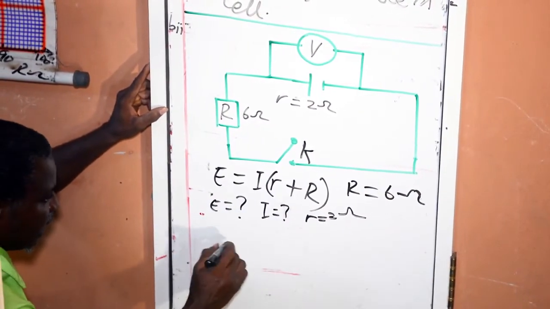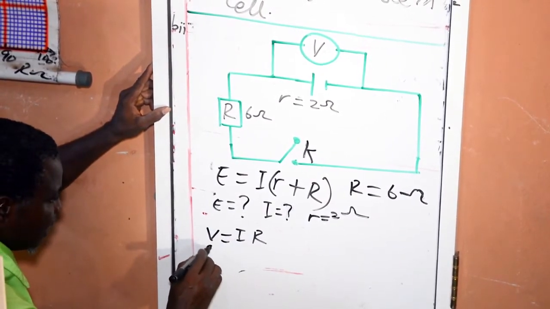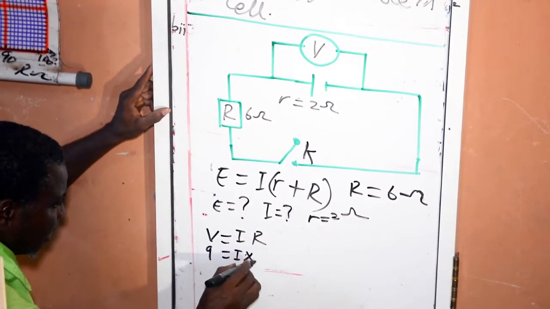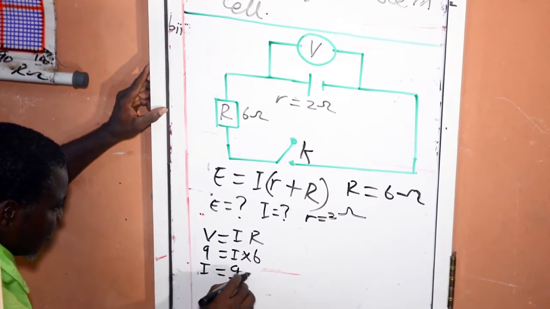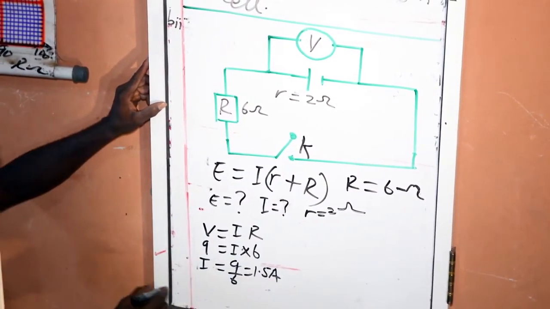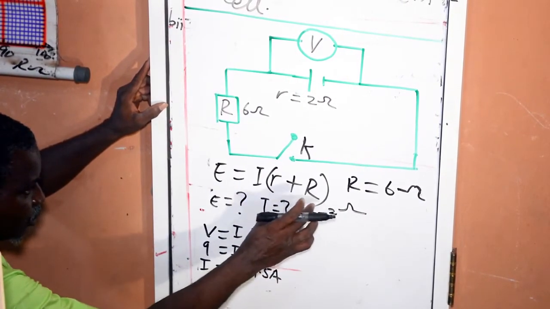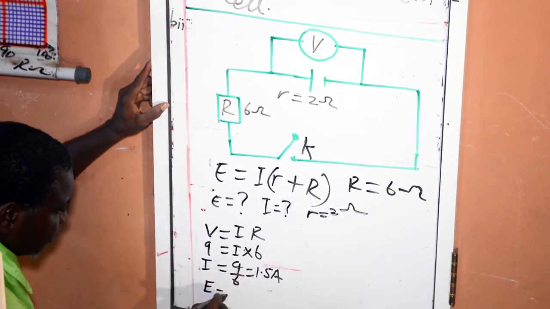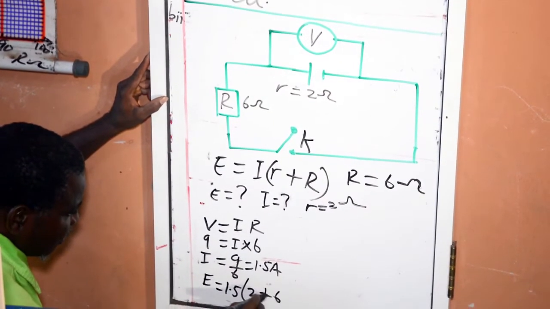To calculate I, V is equal to IR. Our V is 9 volts. Our I is this, and our R is 6. So I will be equal to 9 over 6. It is equal to 1.5 ampere. So now slot in I, R, small r, and capital R. E is equal to I times (R plus r).